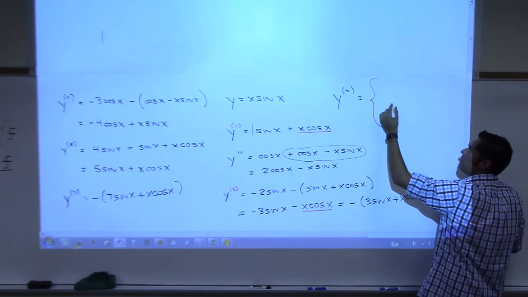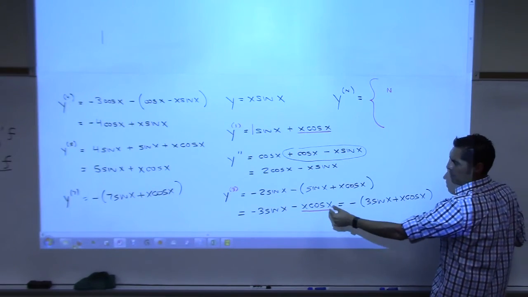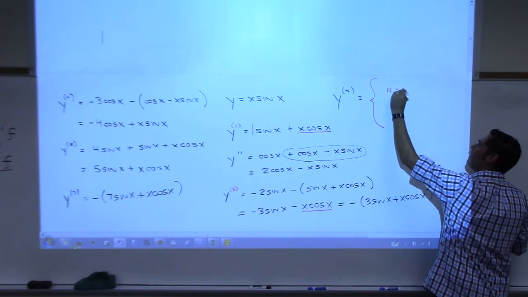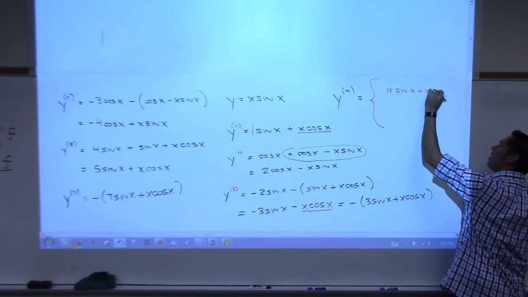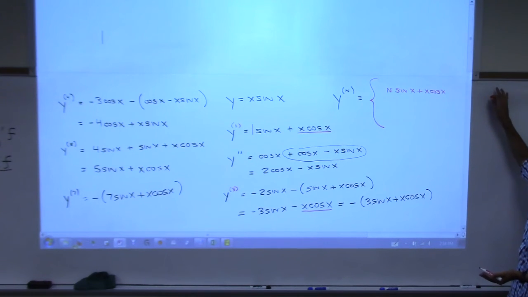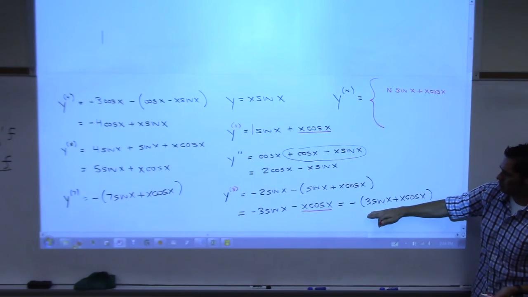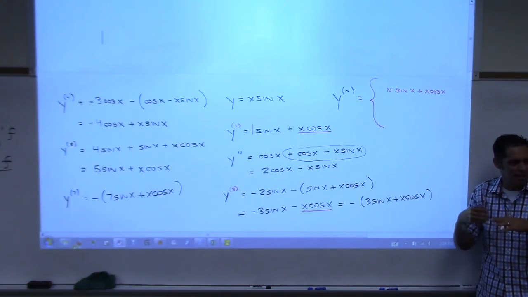It's going to be either like n, what do we have here? It's like n sine x plus x cosine x, as long as n is what? Look, right here. Odd, but you also have to take into account the alternating of the sign.